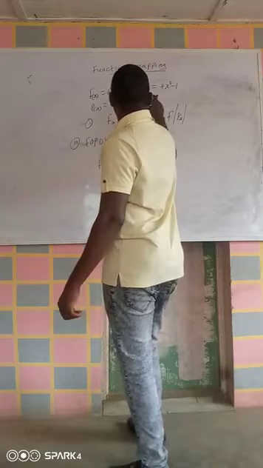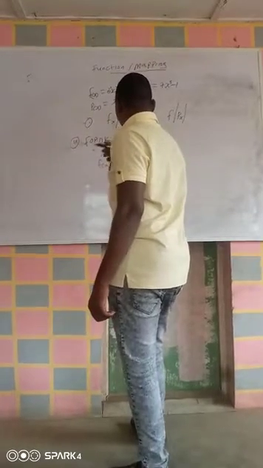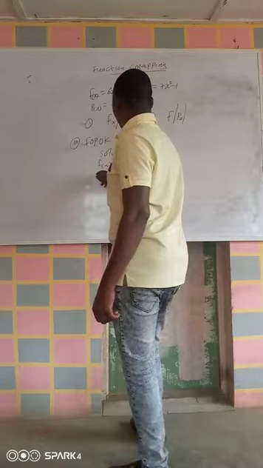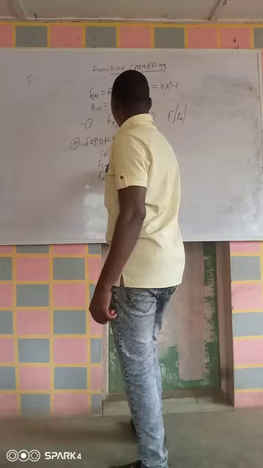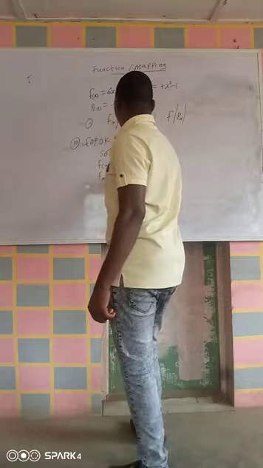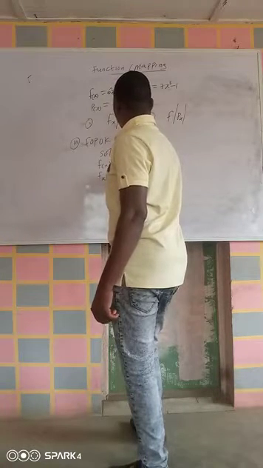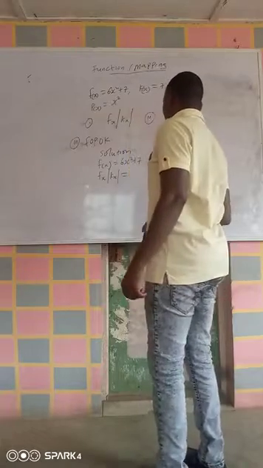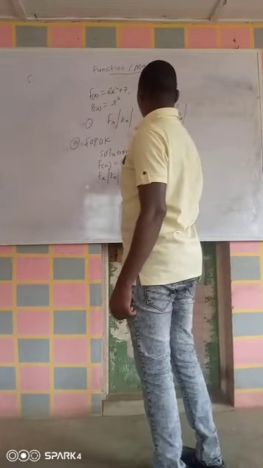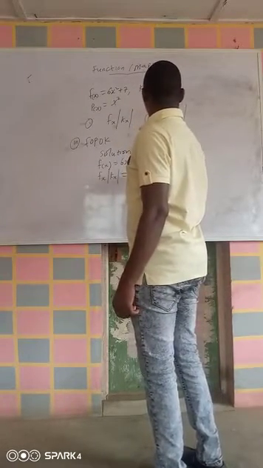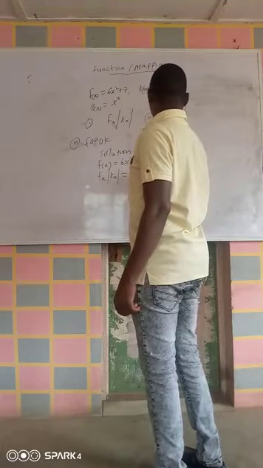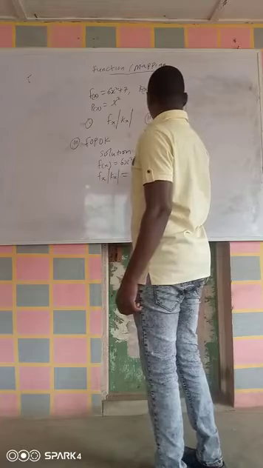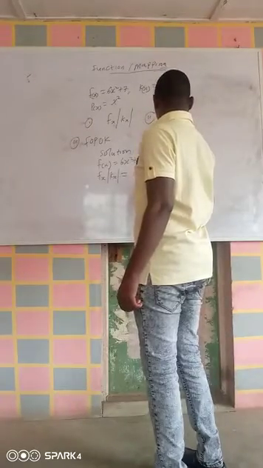So substituting k of s into it, f of k of s equals 6 into 7s cubed minus 1 all squared plus 7.